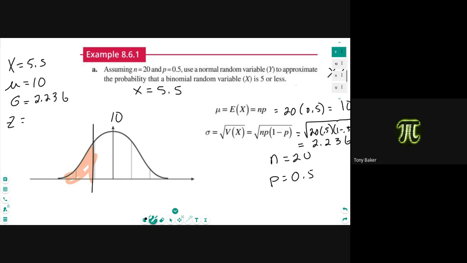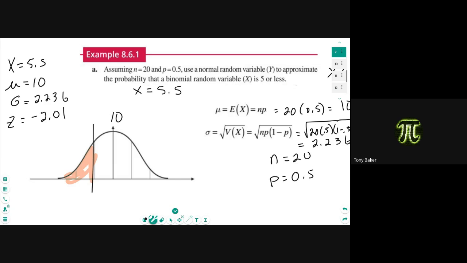So what do we get? Negative 2.01. Yeah. Does that number make sense for your Z? It's negative. It's not really close to 10. All right, 5.5 is a little way away from 10.